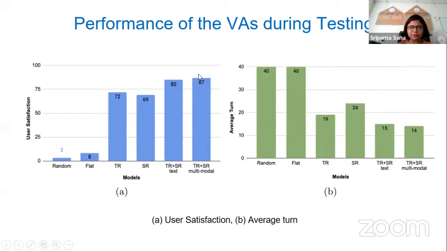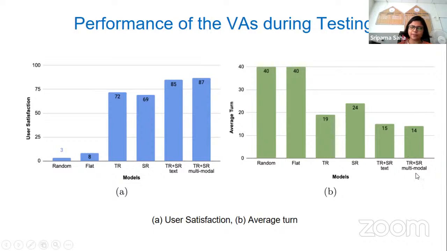You can see that in the multimodal setting, if you allow the user to express himself or herself using multimodal features, either text or images, then there is more satisfaction. In 87 cases out of 100, the user is satisfied. This is the situation where we are using two rewards, TR plus SR together. We are also comparing the average turns. When we use both rewards, TR plus SR, in a multimodal setting, the system takes fewer turns.